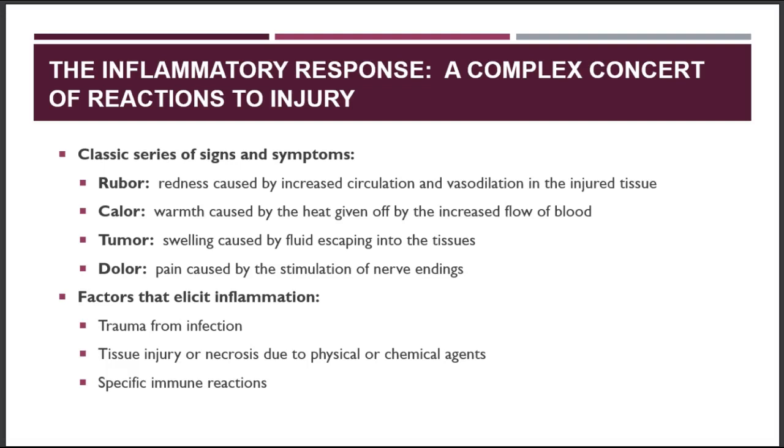Rubor is the redness that is caused by the increased circulation and vasodilation that is associated with the injured tissue. Then we have calor. This is the warmth at the site that is caused by the heat that's given off as blood flow increases to that location.